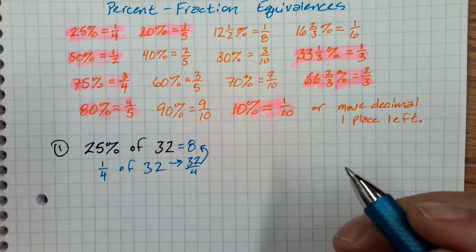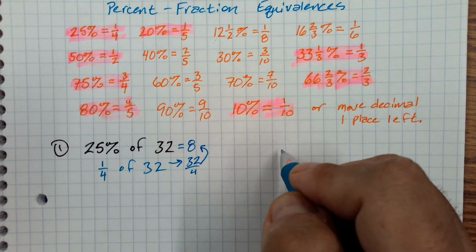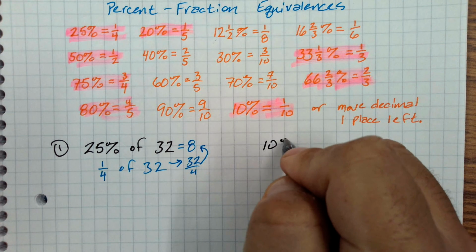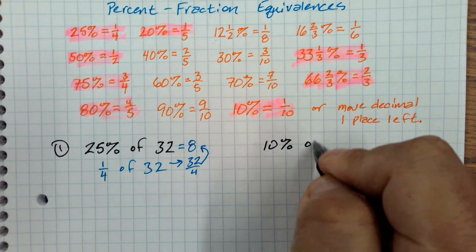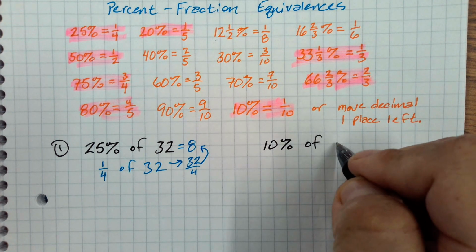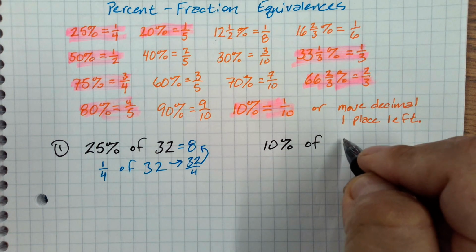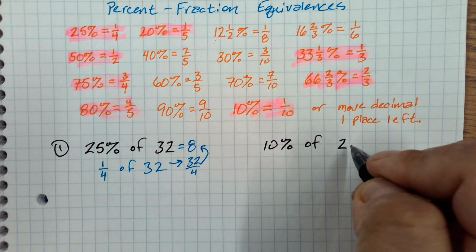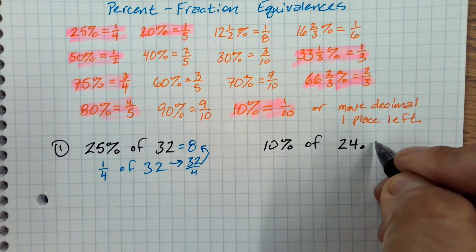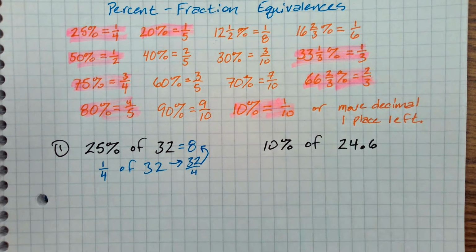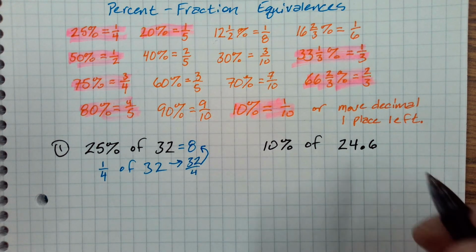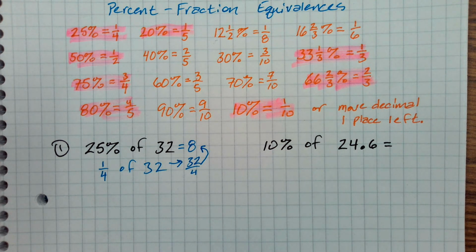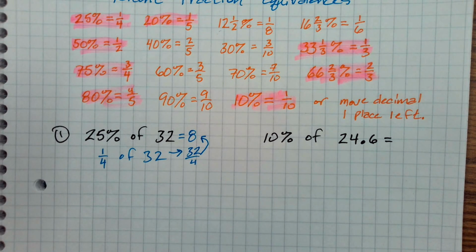So let's say we want 10% of, let's see, 24.6. 10% of 24.6.